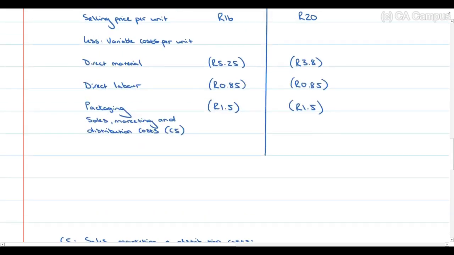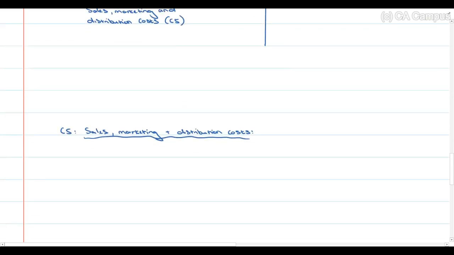So take the selling price per unit and multiply by 3%.